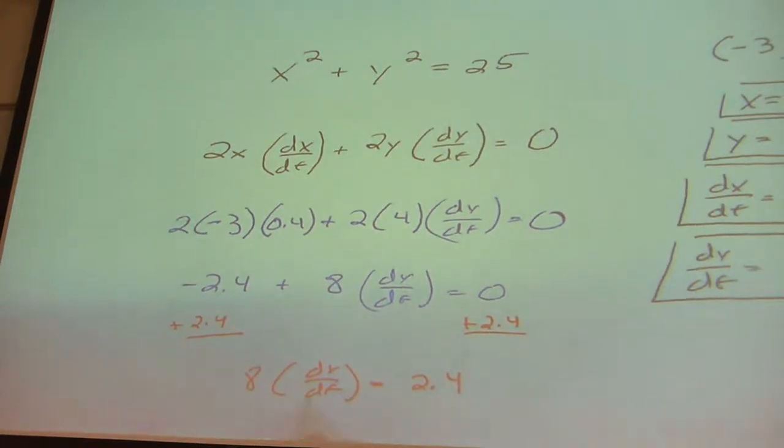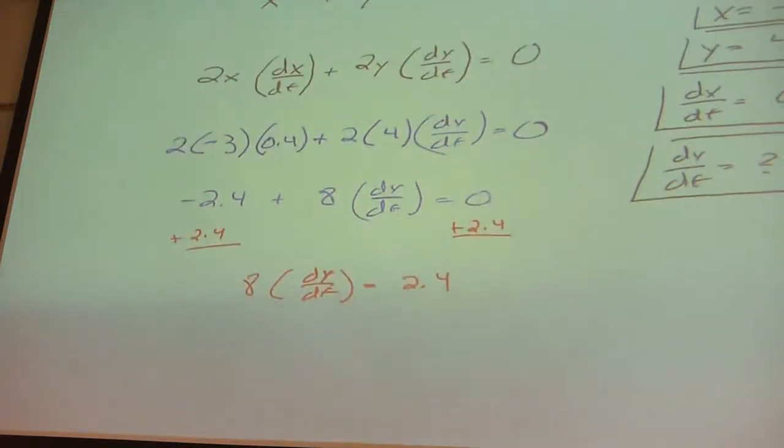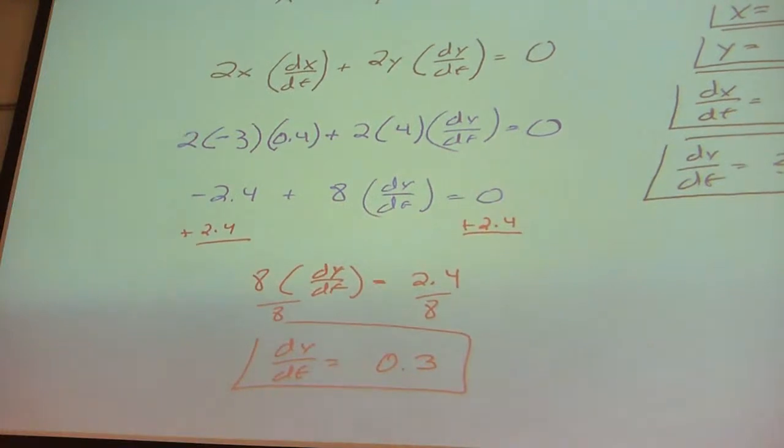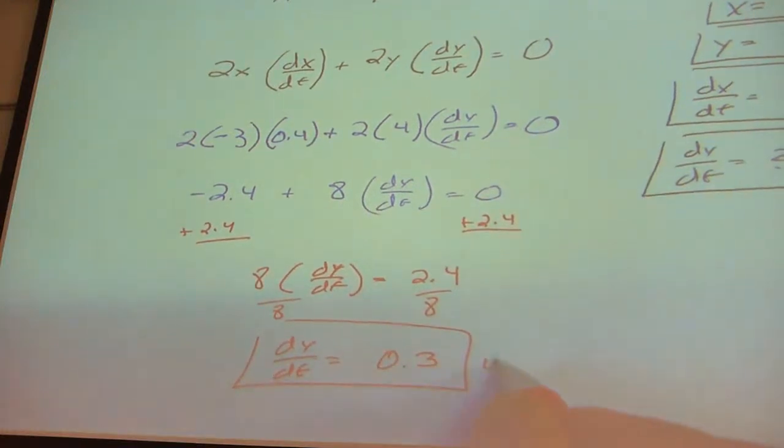Then what would you do? Divide by 8, divide by 8, dy over dt equals 0.3. That would be how y is changing, units per second.